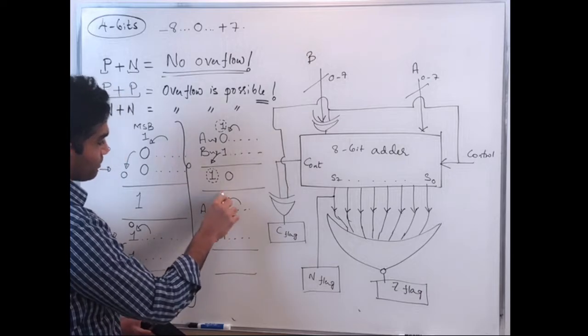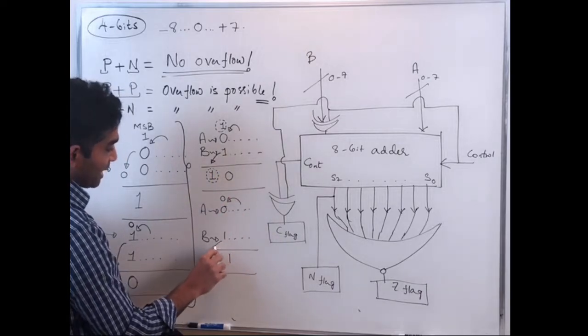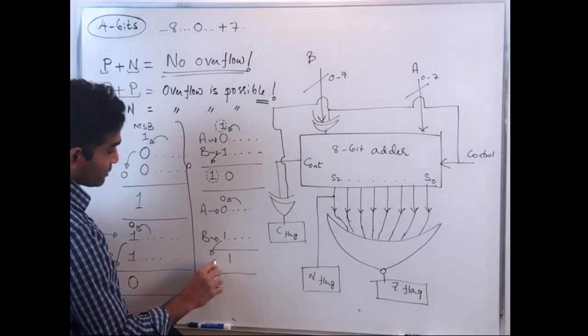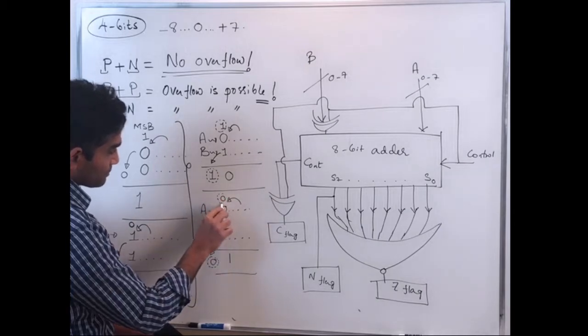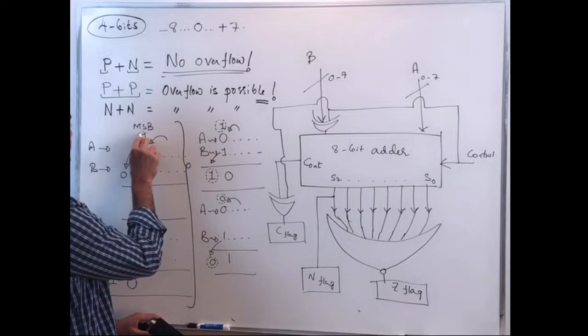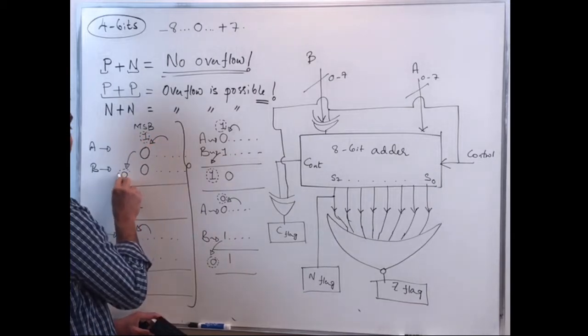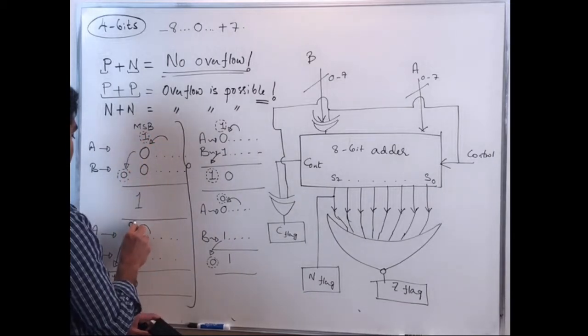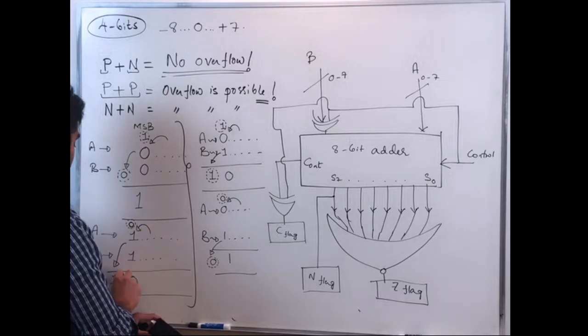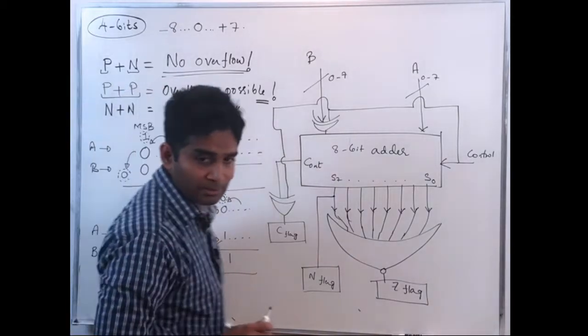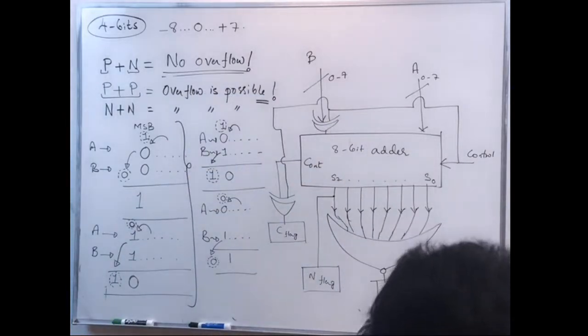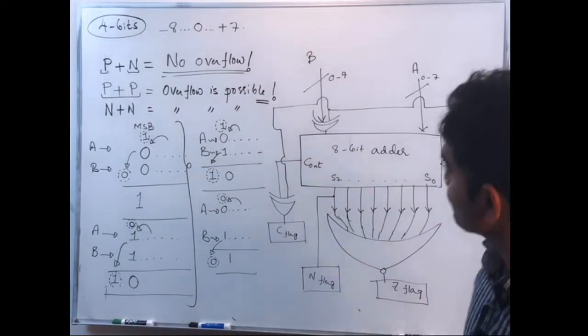I have 1 plus 0 is 1, and my C out of the most significant bit position is also 0. I'm trying to give you some hint here how we can come up with a scheme for the V flag. Okay, you see the hint.